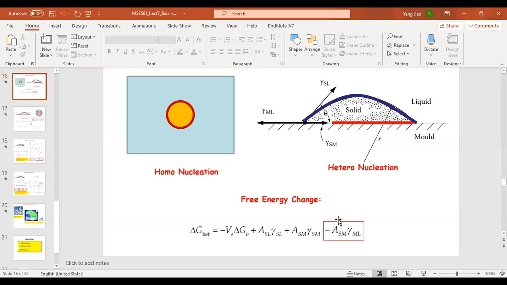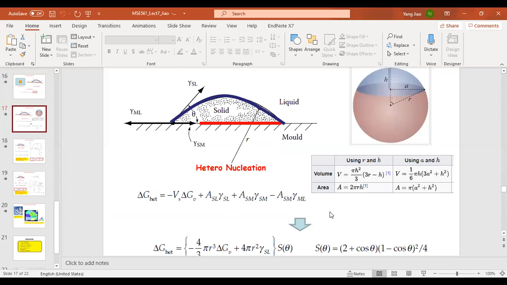So this is a new interface you created, but you have to take away the original interfacial energy, because it's not totally an addition to the energy. You just change the energy, but you didn't change the interface. That's why I have this minus term here, and this is going to be the total free energy difference if you have a small heterogeneous nucleus. And then we move forward to analyze some mathematical details for this system.